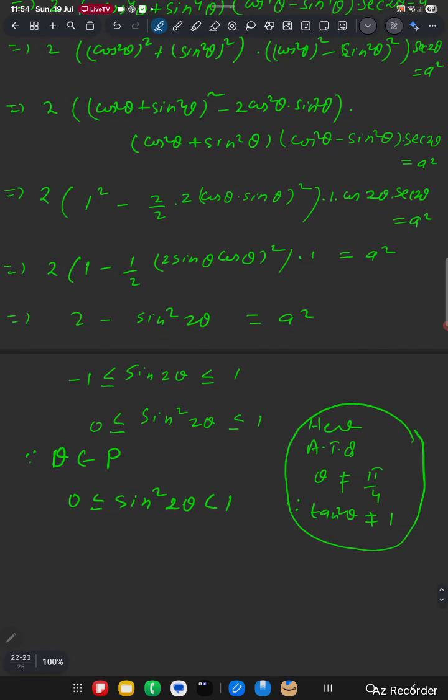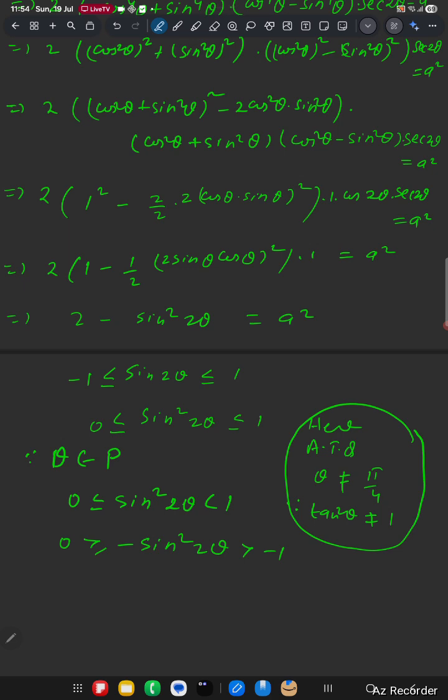Clear? Now we will multiply throughout by minus 1, so that the inequality sign changes: minus sin square 2 theta is greater than minus 1.